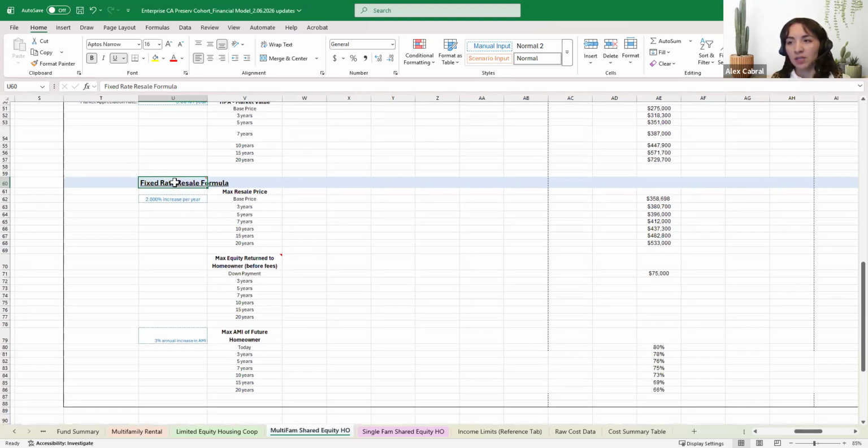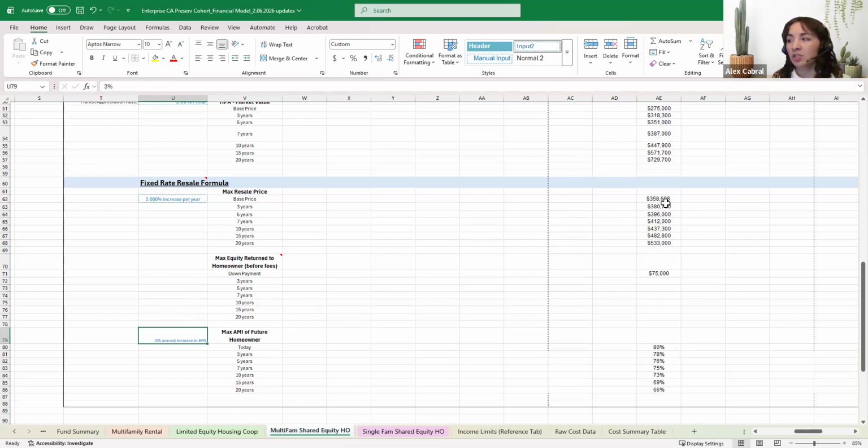So this assumes that we're using a fixed rate formula. There are a couple different types of resale formulas as the note says, but we're making some assumptions that, in this market, or we've decided, apologies, that our resale price increases 2% per year. And that the AMI of the homeowner in this market is increasing 3% per year.